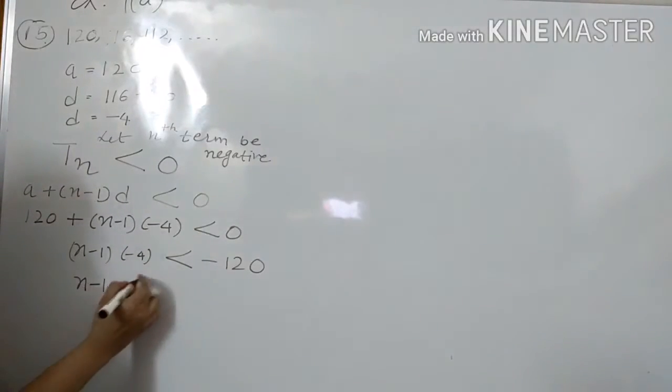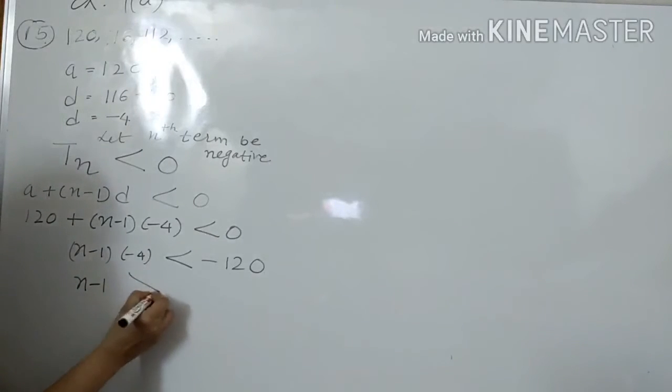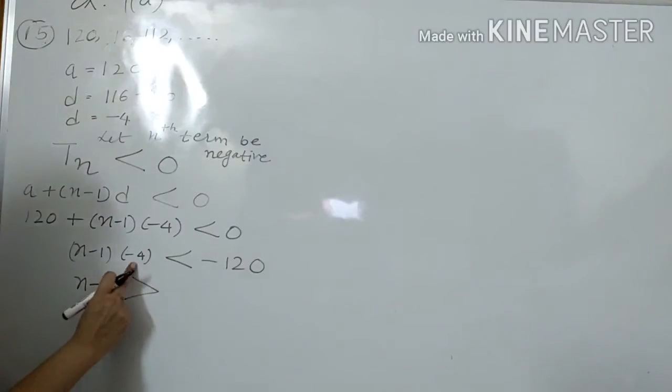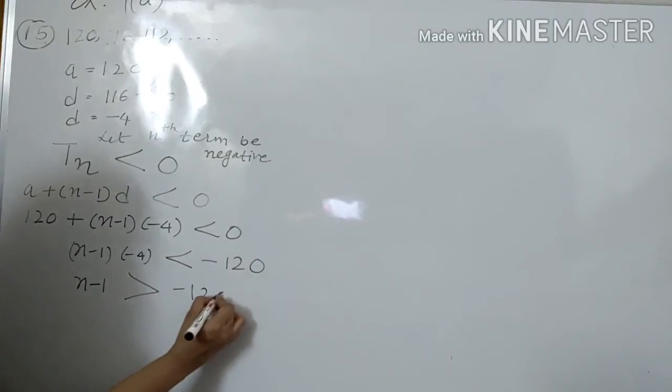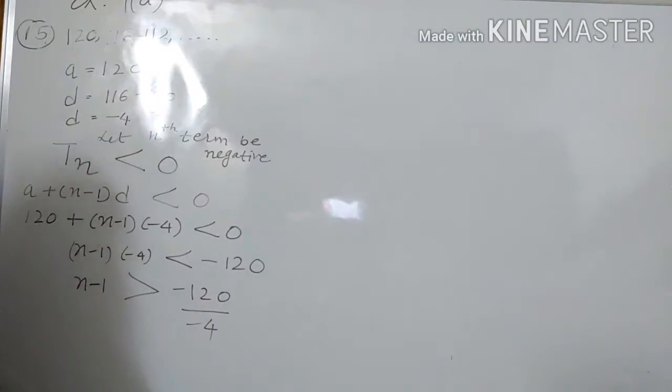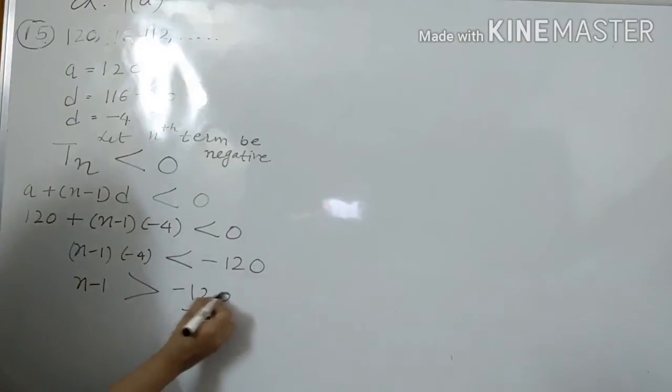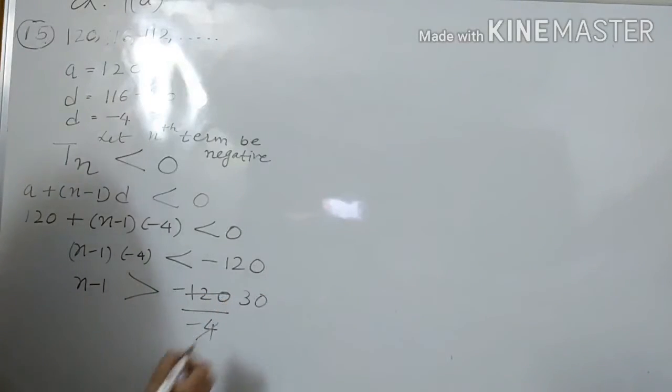N minus 1 as it is, and the less than sign becomes greater than. Why? Because we are dividing by minus 4. Whenever we divide by a negative number, it reverses the sign. So by reversing the sign we get 30.